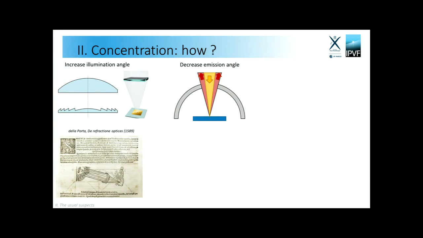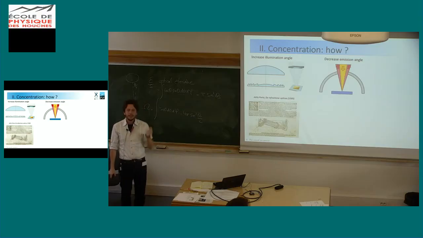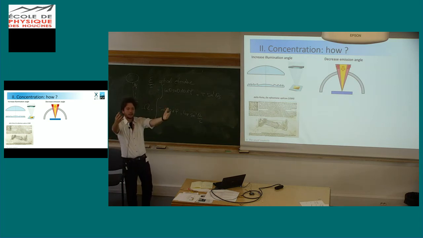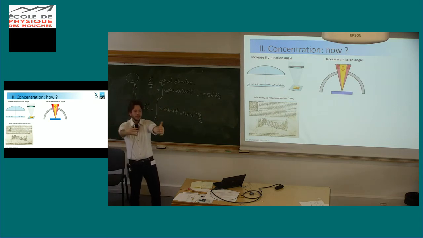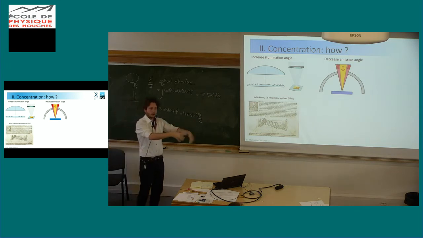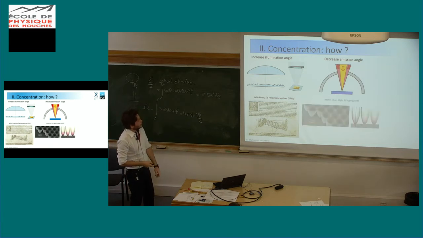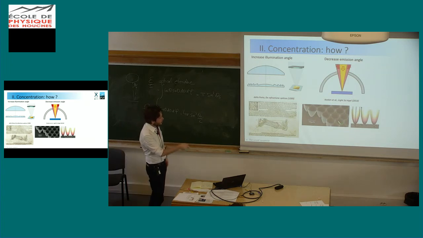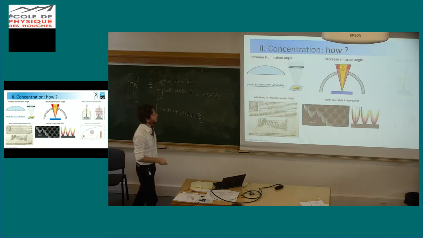You can also try and actually decrease the emission angle, right? If you decrease the angle towards which you can emit blackbody radiation, you're reducing the blackbody radiation emitted by the cell. And so, as discussed before, you're going to increase your VOC. You can do this with structures like this one, preventing light from going out. This was actually performed onto gallium arsenide solar cells.